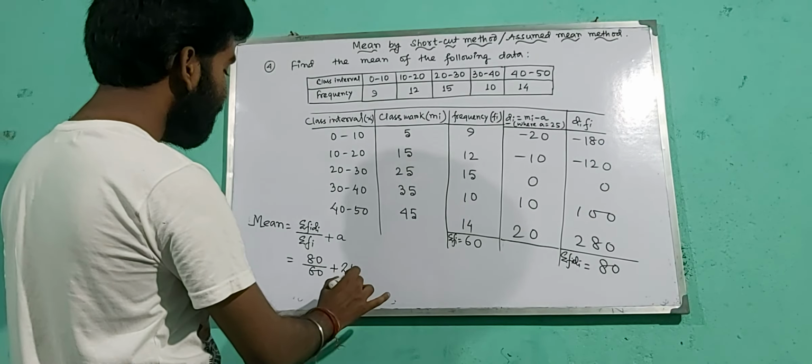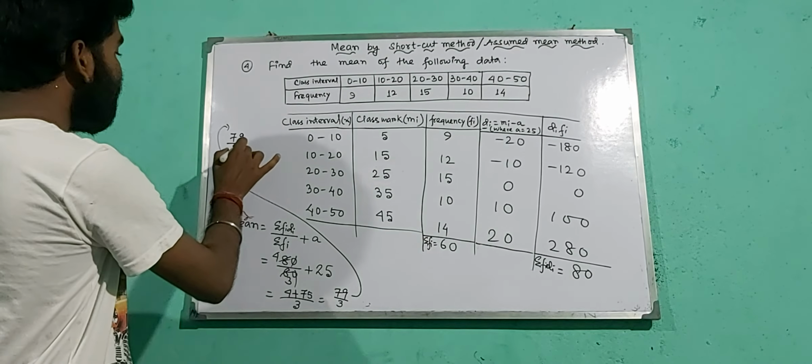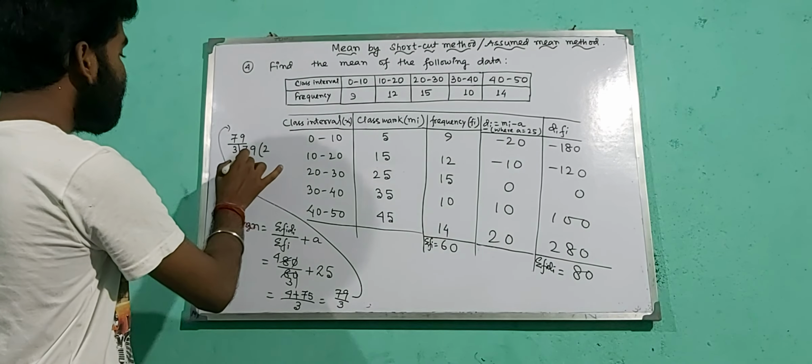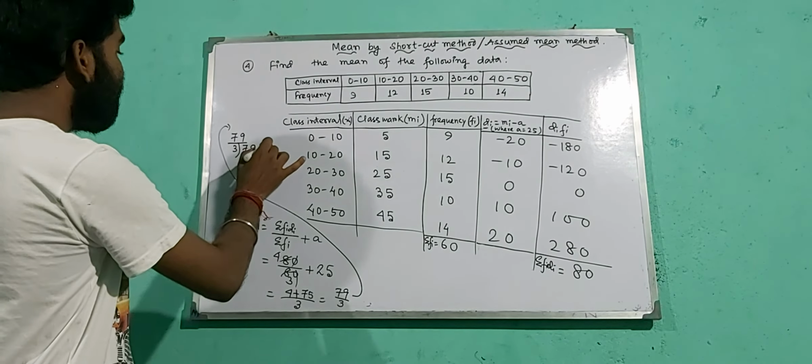Make it in the simplest form, 2 3s are 6, 2 4s are 8. Now 4 will be here only. 25 into 3, 75, 75 plus 4, that will be 79 by 3. Now I am giving one arrow mark here. 79 by 3, 3 2s are 6, 19, 3 6s are 18, 1, 0, 3 3s are 9, again 0, 3 3s are 9.